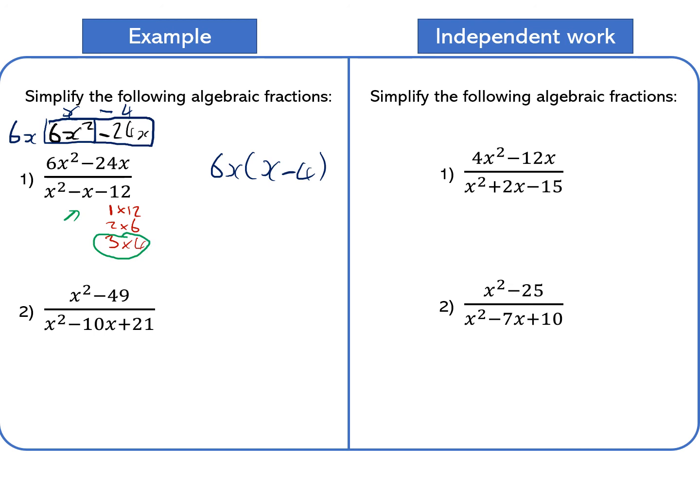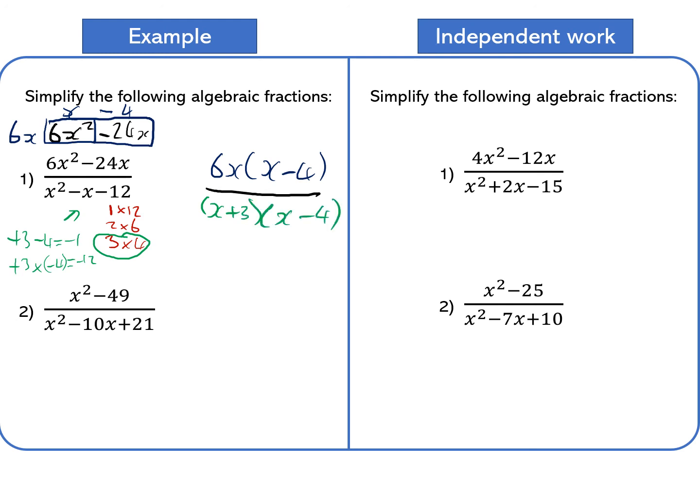So we've got 3 minus 4 equals minus 1. 3 times minus 4 equals minus 12. So that works. So that's going to give us, for the denominator, x plus 3 and x minus 4.